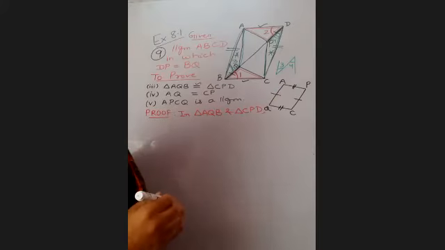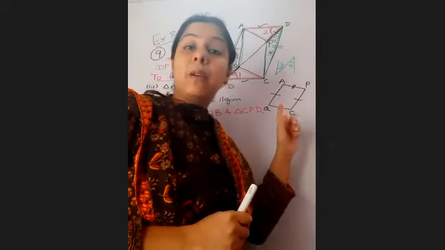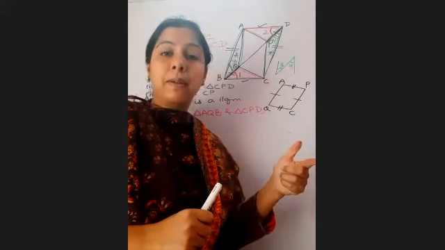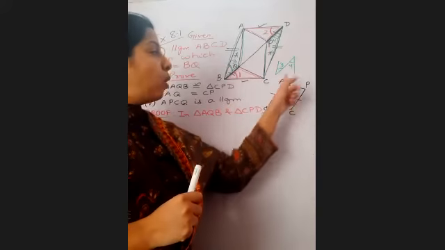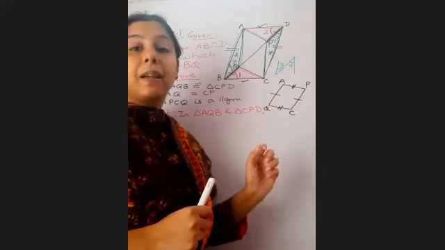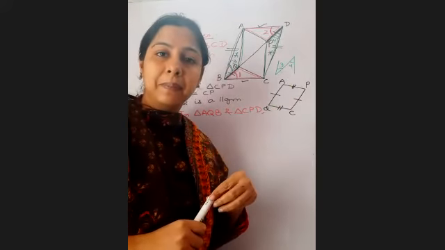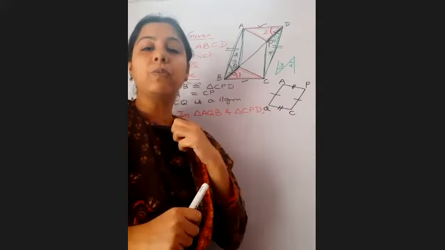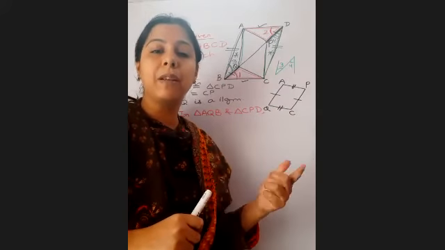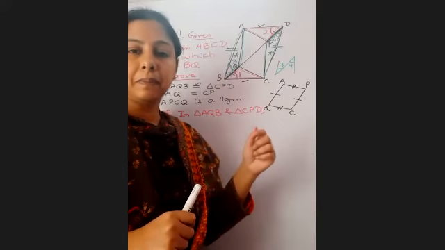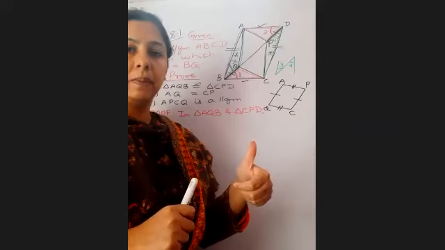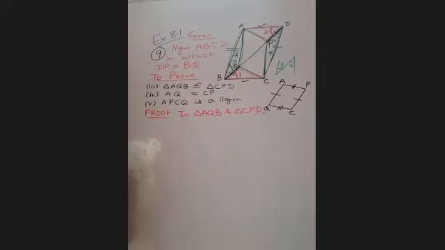Yes or no? Yes, ma'am. Now, APCQ is a quadrilateral in which both pairs of opposite sides are equal. And a quadrilateral in which both pairs of opposite sides are equal is called a parallelogram. Are you clear? Yes, ma'am.